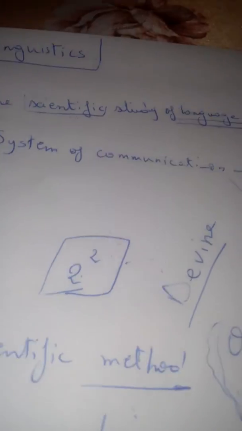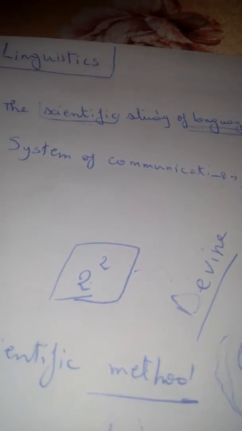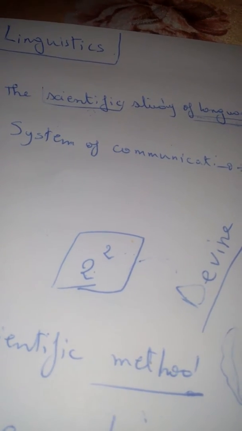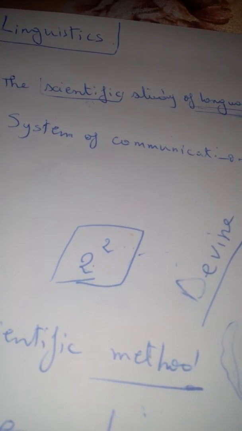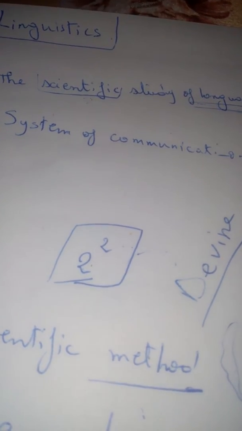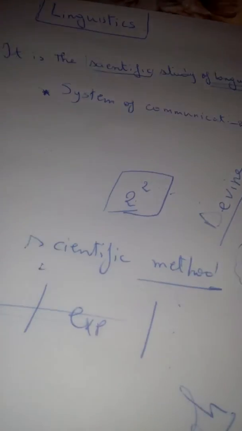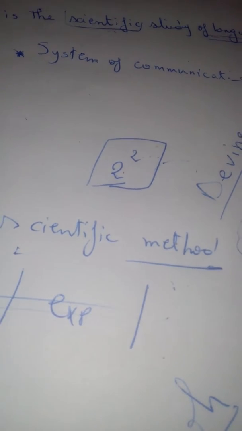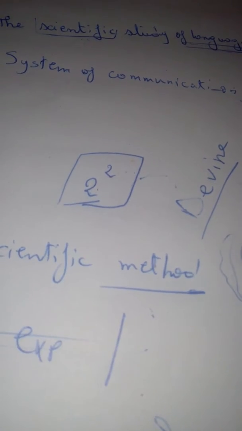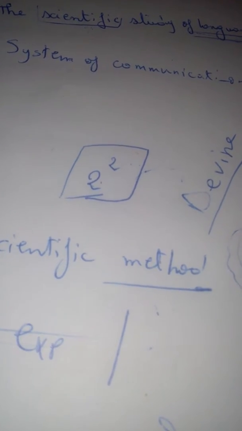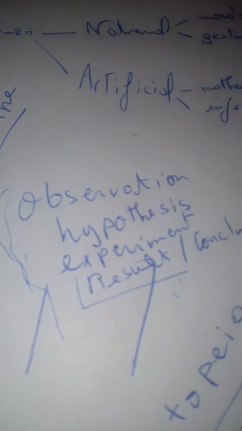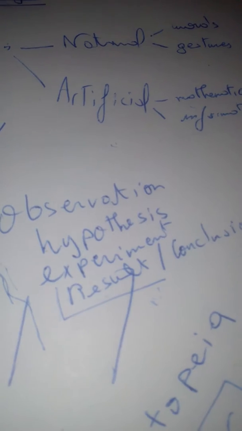Now I move to the word scientific. Why is linguistics considered to be a scientific discipline? Well, because it is based on the scientific method. You may ask, what is a scientific method? Well, it can be explained in four steps, which are observation, hypothesis, experiment, and result or conclusion.